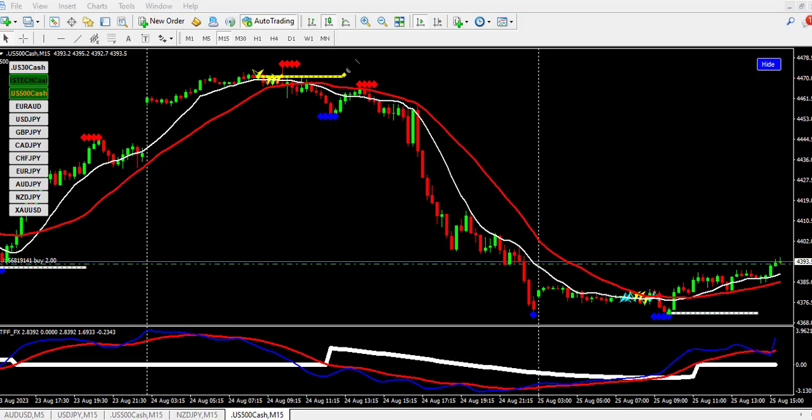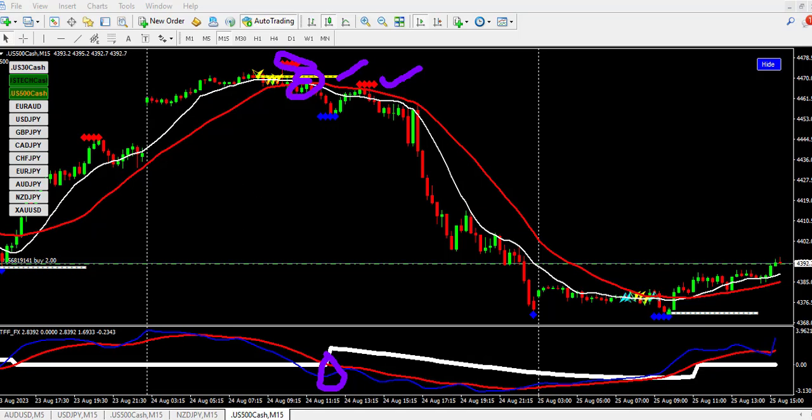We have the fractal indicator here, this yellow bar, then the moving average, white cross below the red moving average, and here we have the two lines, red and blue, cross below the thick white line, and this is a good point to place our trade. And this did deliver, and this is how to use this particular strategy.